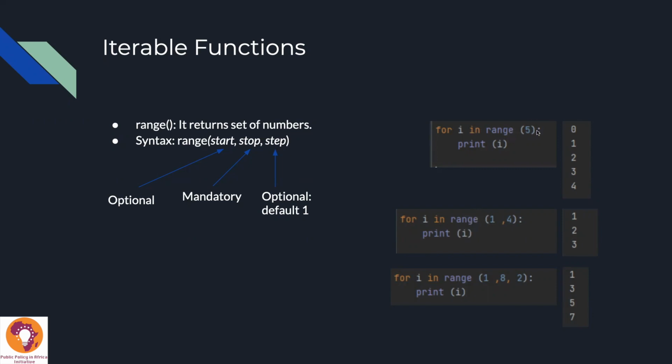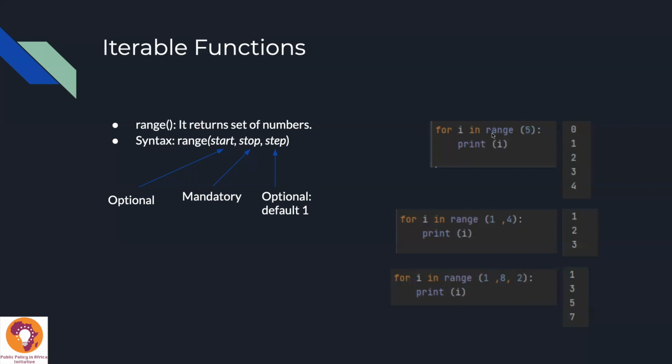But just to note, it is a little more readable if those aren't included. So for i in range 5, remember 5 is exclusive, but we're going to print out each i in that range. So this is going to return a collection of values 0, 1, 2, 3, and 4, because that 5 is exclusive, so we don't see a 5 output down here. On each iteration of the loop, we print out the current value of i. On the first iteration, i is equal to 0, so we print 0.